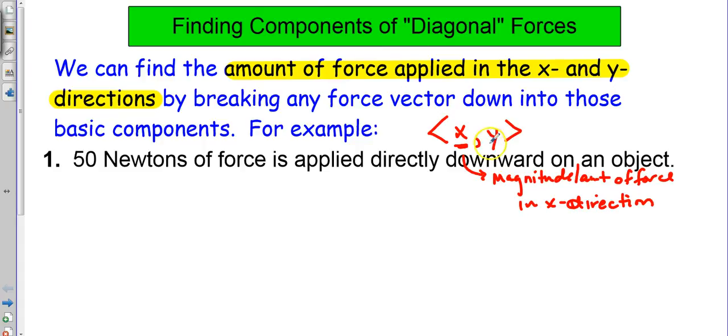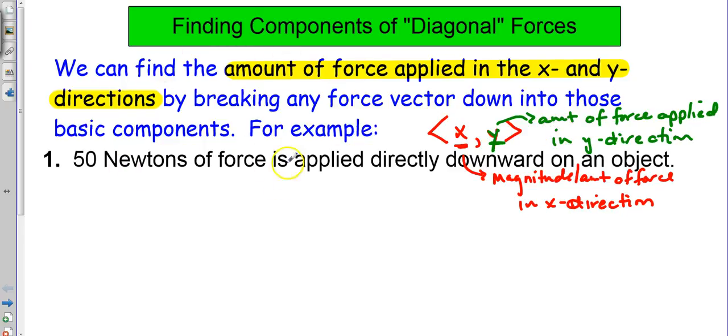And this one over here, y, is going to give us the amount of force being applied in the y direction. So hopefully I'll give you a couple quick examples, and hopefully that'll clarify things for you here.